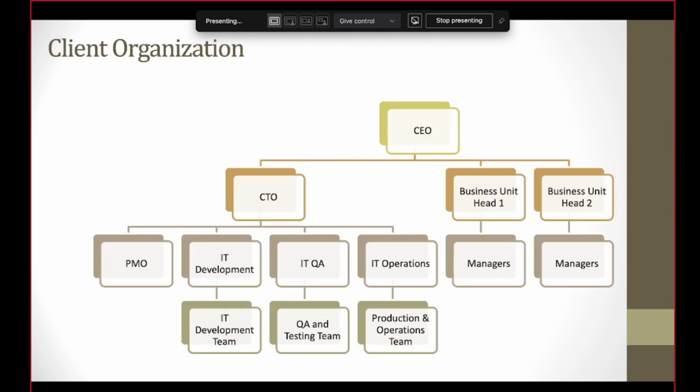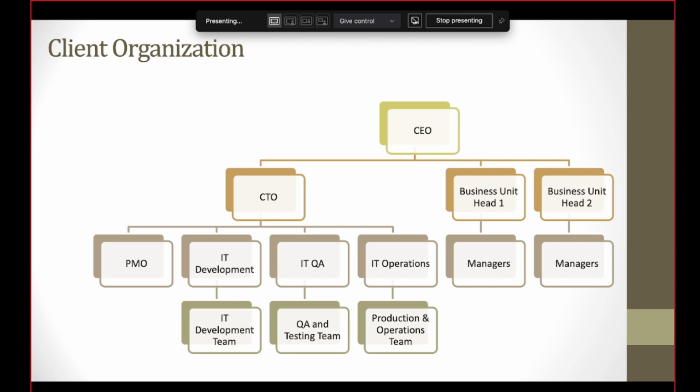Okay. So if you see a client organization, you will see a CEO on top of the hierarchy, and you will have CTOs and business units under him. CTO is the Chief Technology Officer, who will be managing all the technology aspects of a client organization.